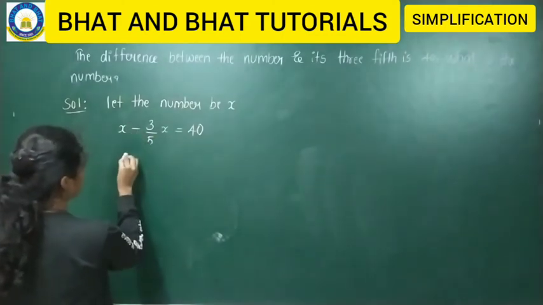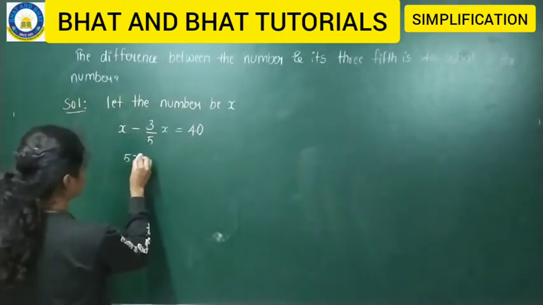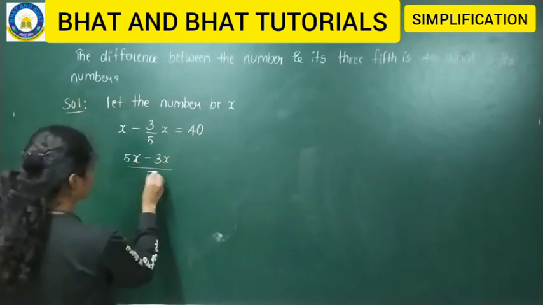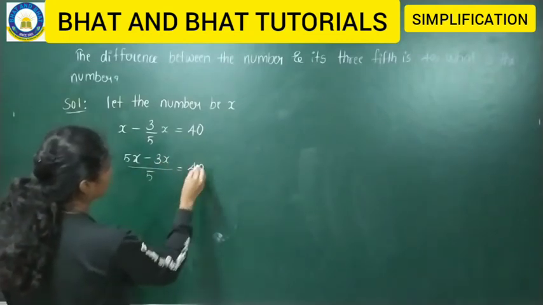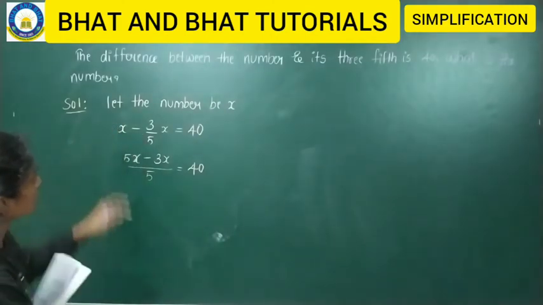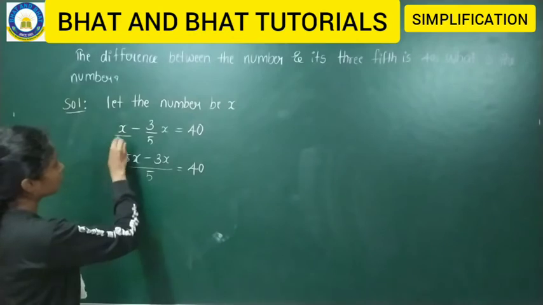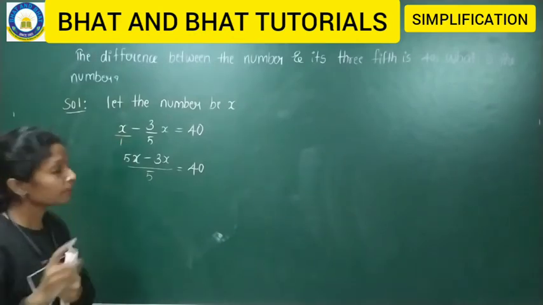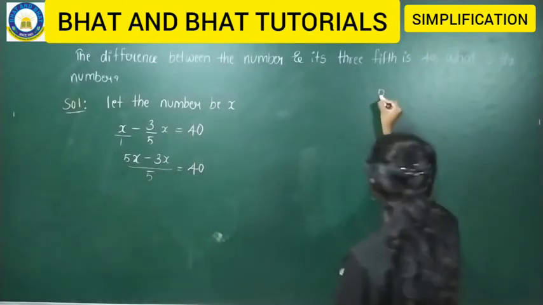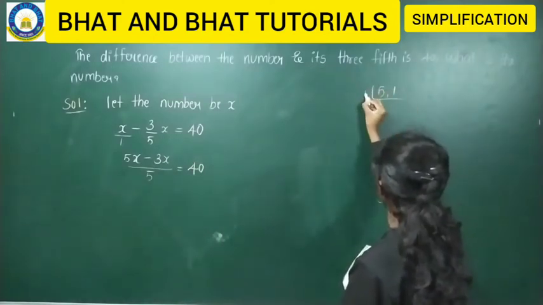So cross multiply this. 5x minus 3x divided by 5, which gives you 40. How? See here, 5 into x. Here, if nothing is there, we consider it as 1, right? Take the LCM for 5 and 1.